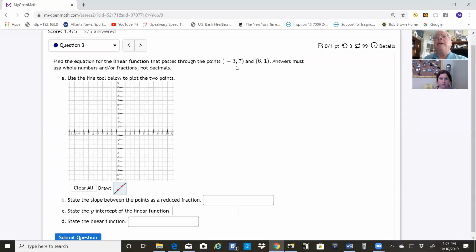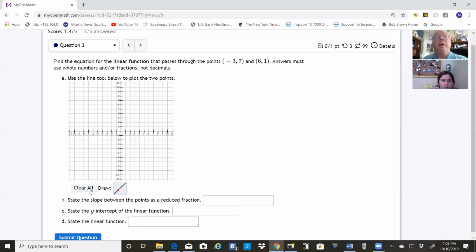So we want to go to -3 and 7, and that's there, if I'm seeing right, and then go to 6 and 1. That was -4 and 7.